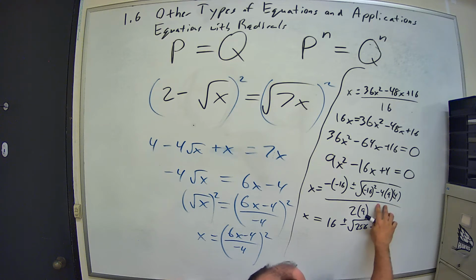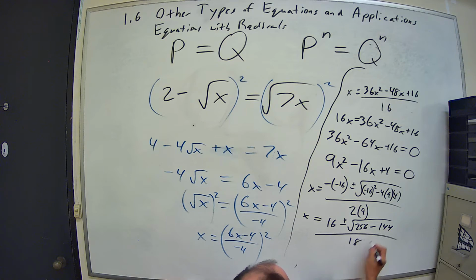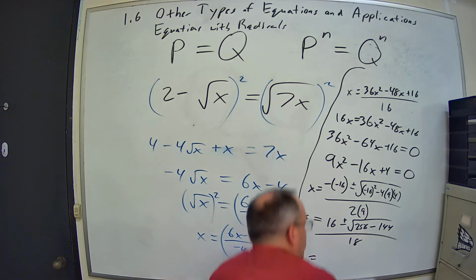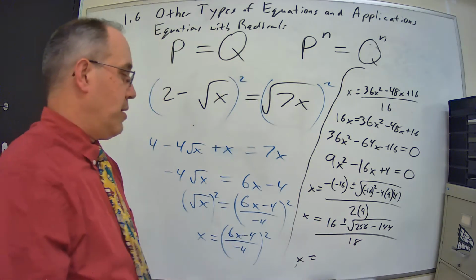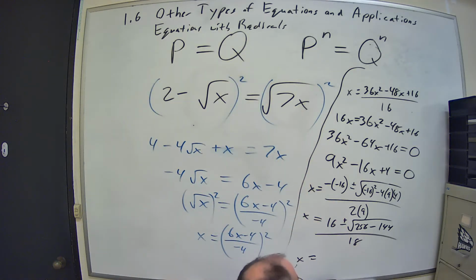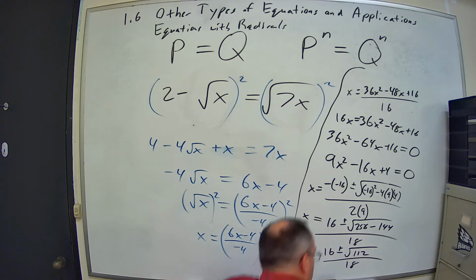Okay, it was 36 times 4, so 6 times 4 gives me 24, so 144. 2 times 9 is 18. So we got to that point. So 256 minus 144 gives you, what, 112? So 16 plus or minus the square root of 112 over 18.